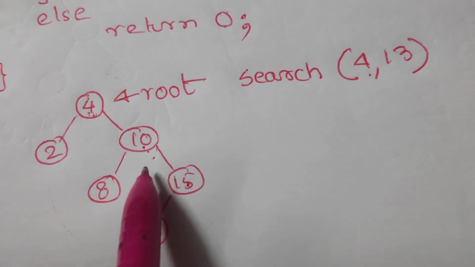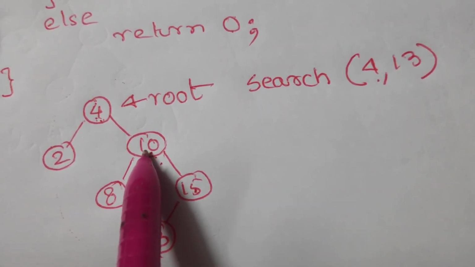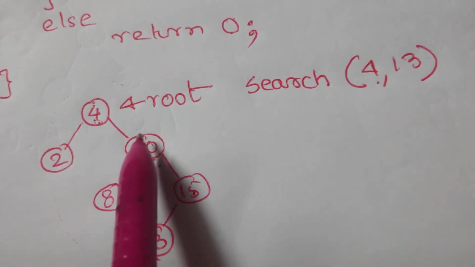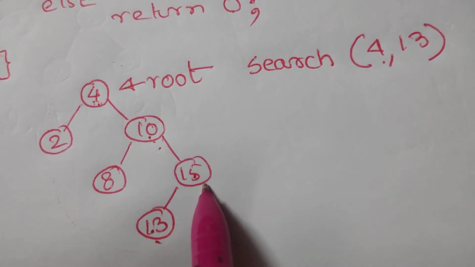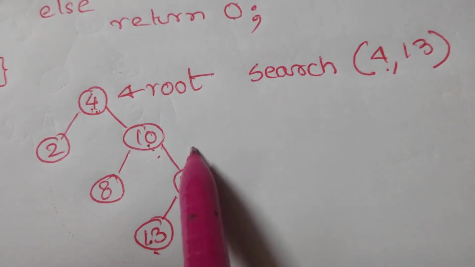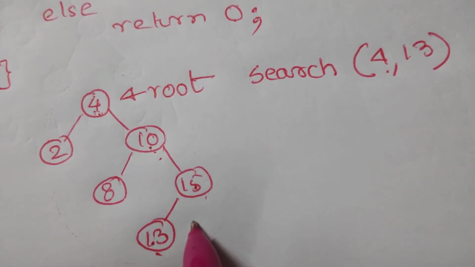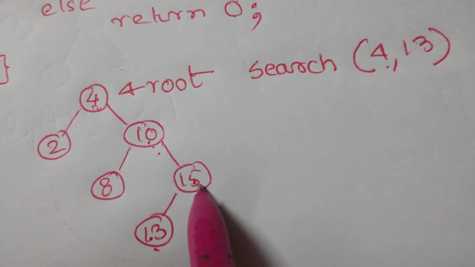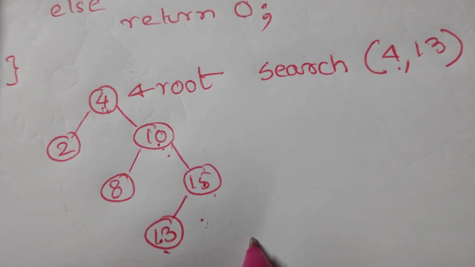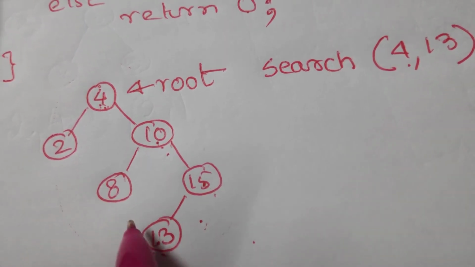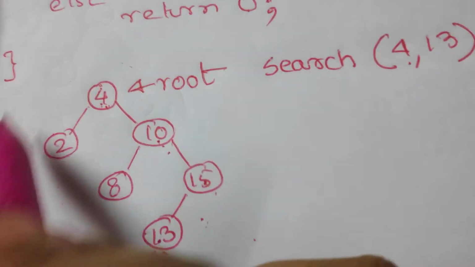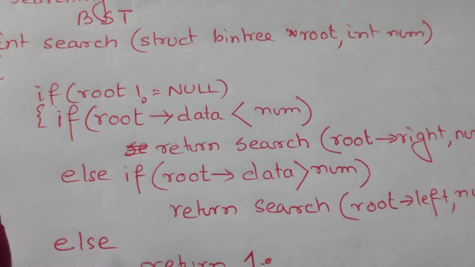Now when you come to 10, you know 13 is greater than 10 as well. So you will ignore the left hand side and you will come to the right subtree of 10. Now when you come to 15, you know 13 is lesser than 15. So you will ignore the right hand side of 15 and you will come to the left hand side of 15 where you will get 13. Correct? So that is a simple procedure.